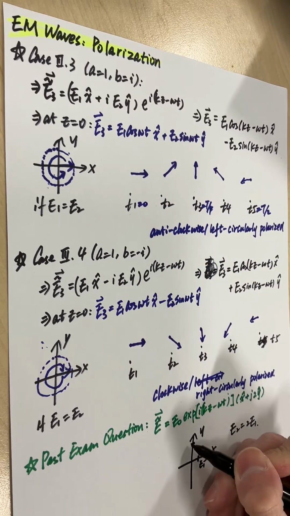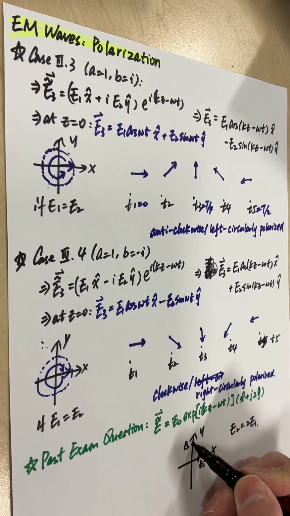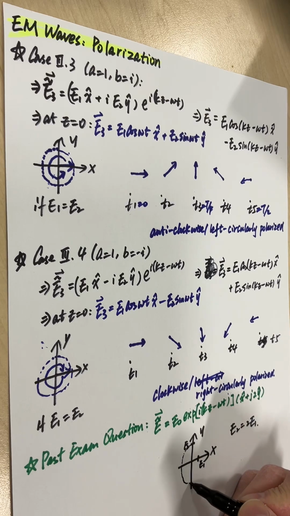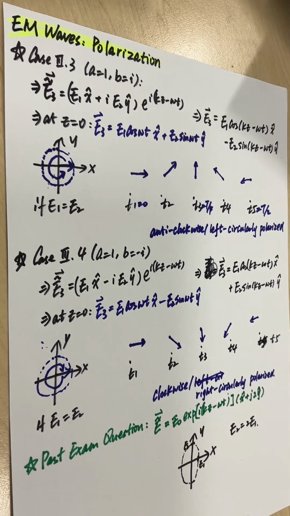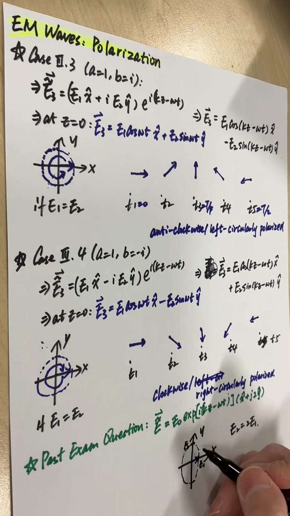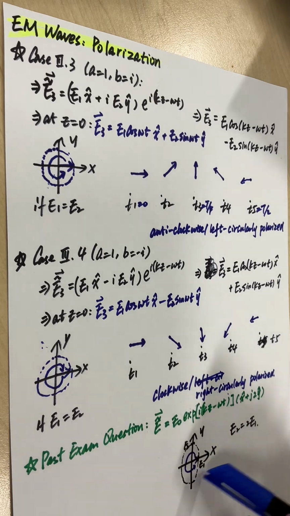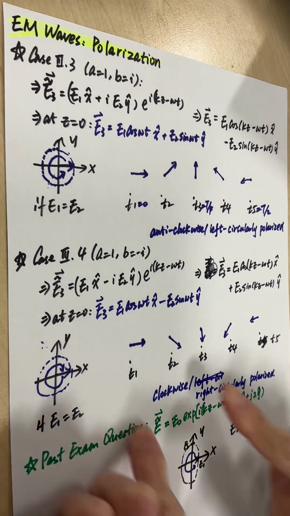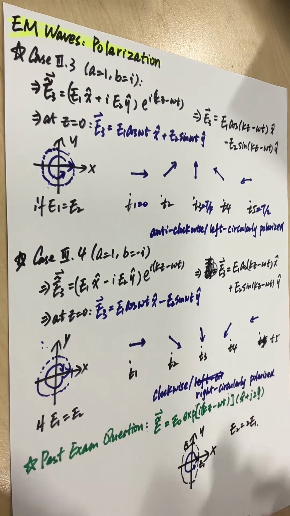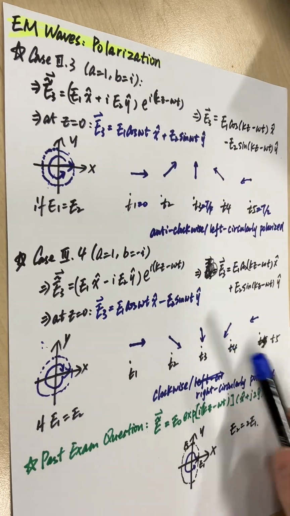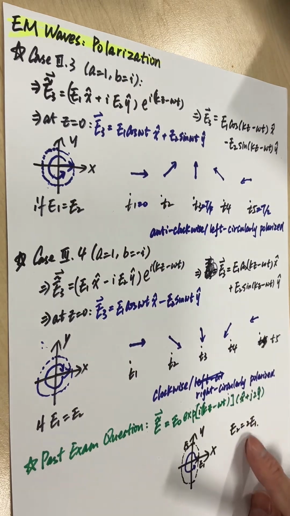So this is E1, this is E2, and this is no longer like a circle, but an ellipse. So the polarization starts from here, it will go anti-clockwise. So it will be an ellipse, and then you can extend this to time domain observations. What do they look like? Actually, this one here. Okay, but the amplitude would change, not like this one. This is a circle, and this one would be an ellipse.